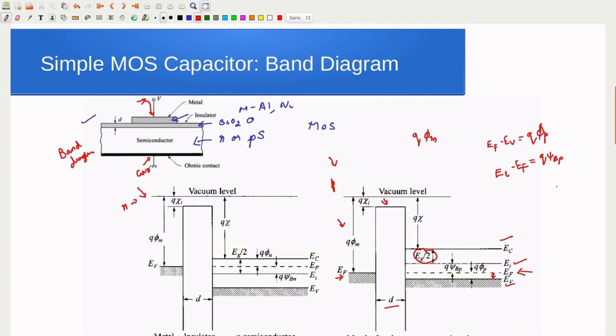If we look into the details, the work function at the semiconductor side includes Q chi, which is the electron affinity, and also the distance from the Fermi level to the conduction band. So the total work function at the metal side, Q phi m, will be equal to the total work function at the semiconductor side, which we will call Q phi s.